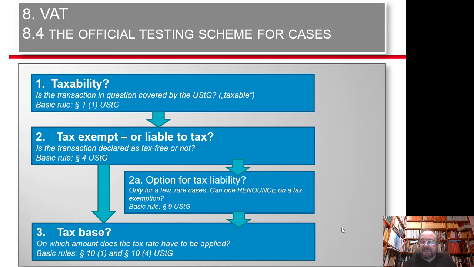But it explains itself from the idea that in these rare events, even the legislator saw we should give those people a chance to recover or to keep their input tax deduction, but then they should also pay the price that they should be willing to pay the output tax.